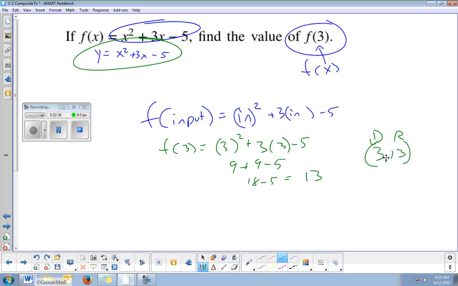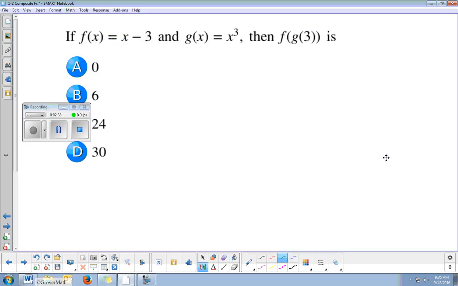So a composite function is when you have a function kind of being plugged into a function. So here I have f of x equals x minus 3, meaning whatever I plug into f, I'm going to do that minus 3. And g of x, whatever I plug into g, it's going to be that cubed. Then we have this notation f of g of 3. And that's how we say it, left to right, f of g of 3.